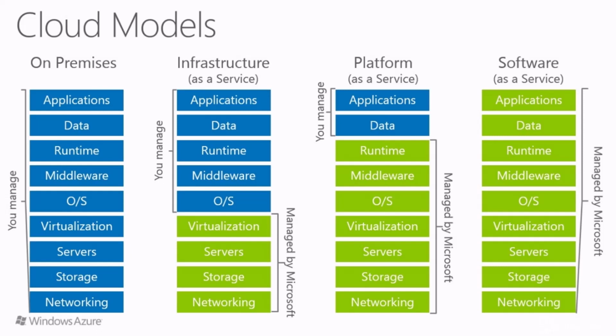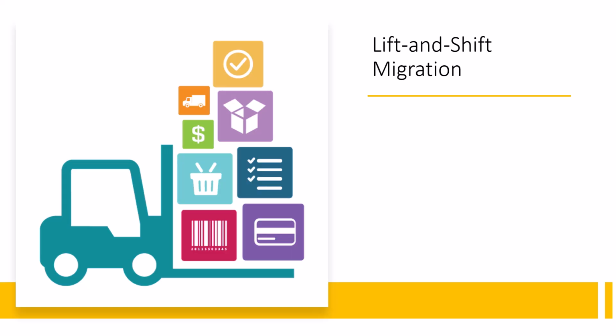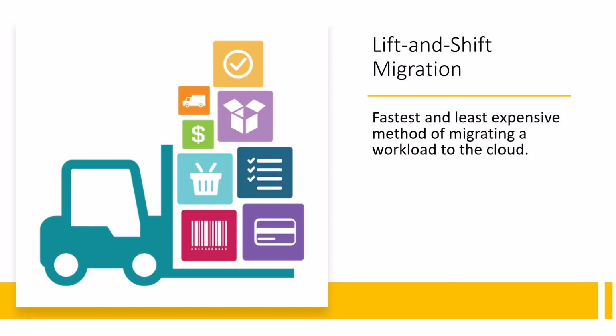So now that we've gone over what infrastructure as a service is, let's talk a little bit about some of the typical business scenarios that infrastructure as a service is used for. For example, lift and shift migrations are probably one of the most common business case scenarios for infrastructure as a service. Doing a lift and shift migration is probably the quickest and least expensive way to migrate applications or workloads to the cloud.